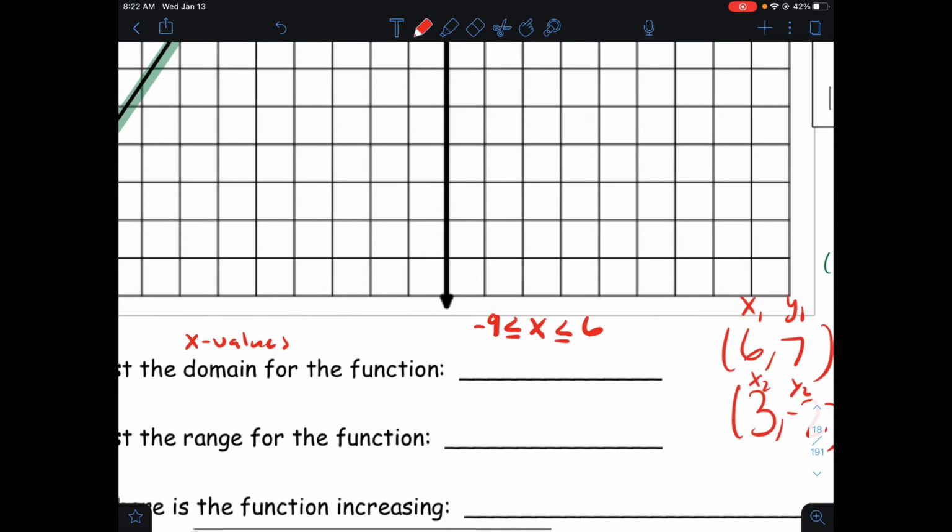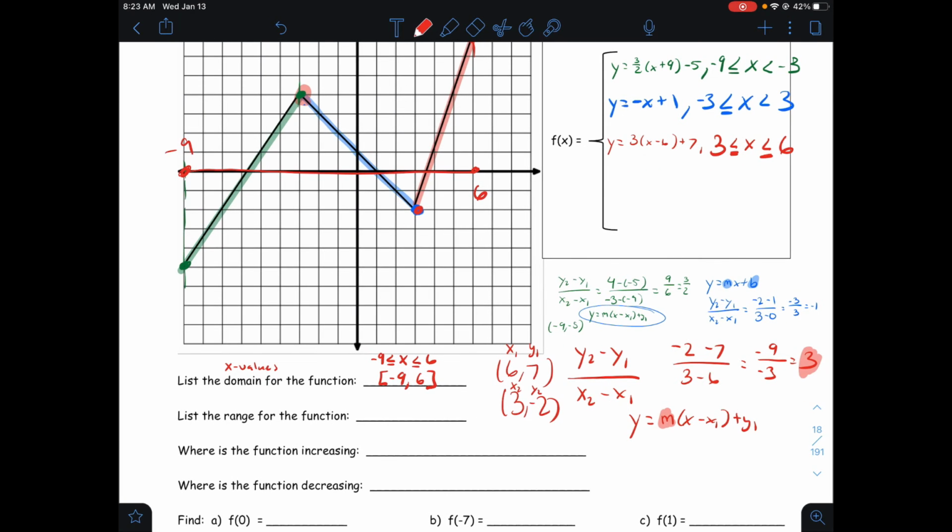Then another way to show this is using brackets. So when it's equal to, you're going to use brackets instead of parentheses. So you're going to do bracket -9 to 6. That is one way to also show it. All right. So those are two ways to show the domain.